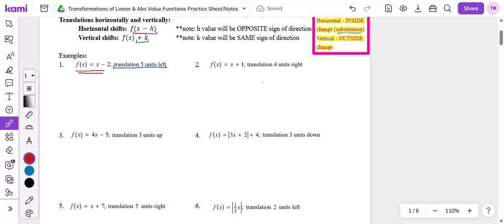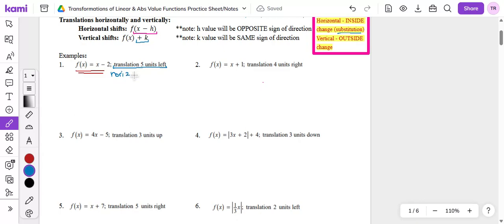Notice it's not the parent function, just f of x equals x. It is any kind of equation. So I have to take this f of x and come up with a new equation that was translated 5 units left. I know that this is a horizontal movement, so I'm going to make note of that.